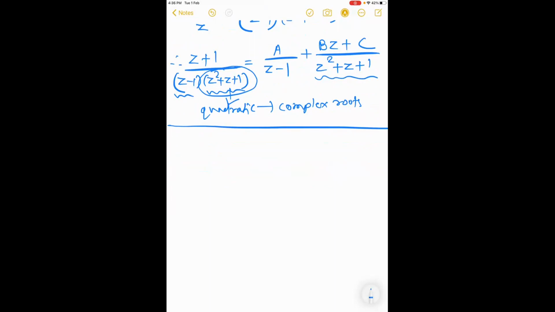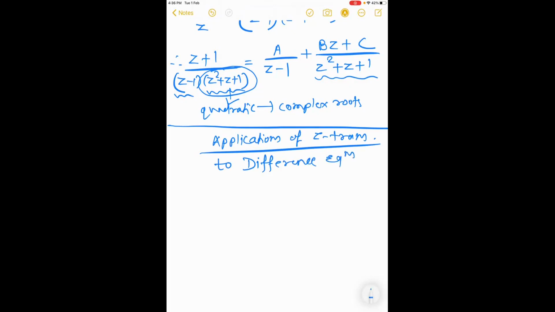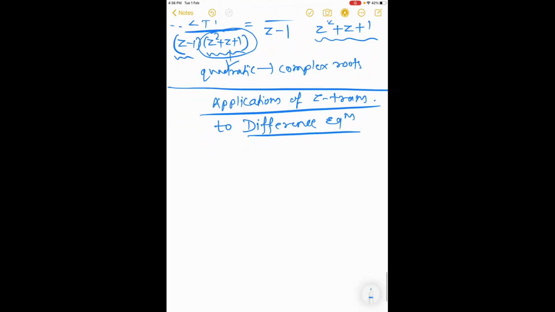So the last part of this Z transform is the applications of Z transform to the difference equations. I'm not calling this a differential equation, but a difference equation.